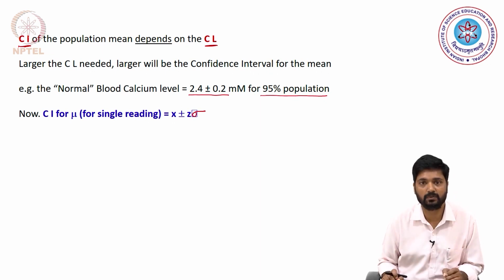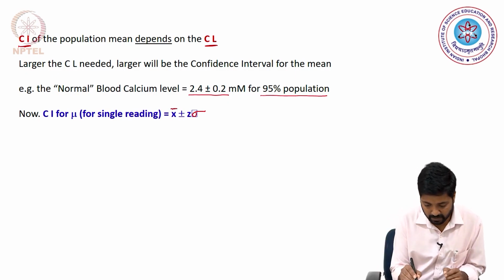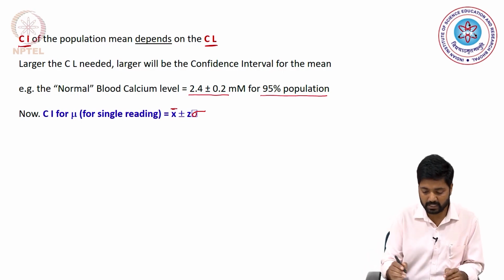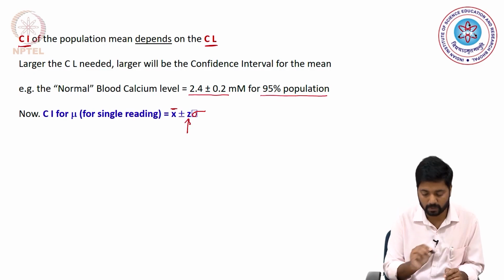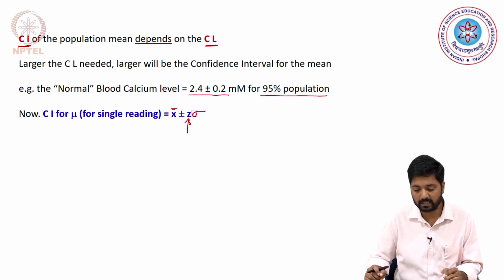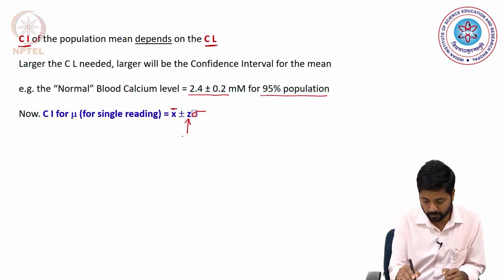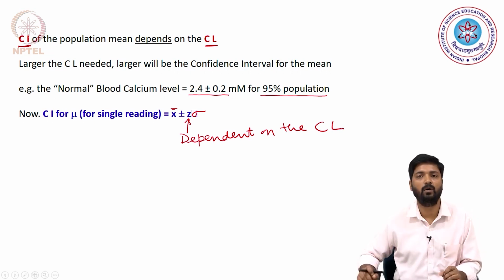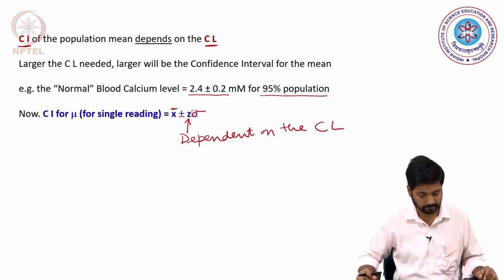the confidence interval for mu for a single reading is given as the mean value of that reading plus minus z sigma. Here z is the z score or z statistic which we have introduced already, and this will be dependent upon the confidence level of our reporting.